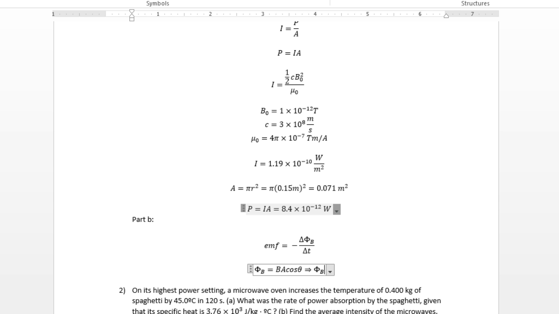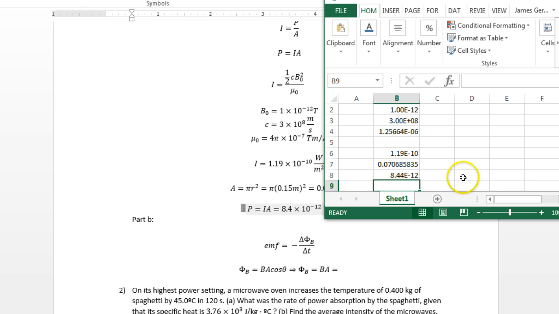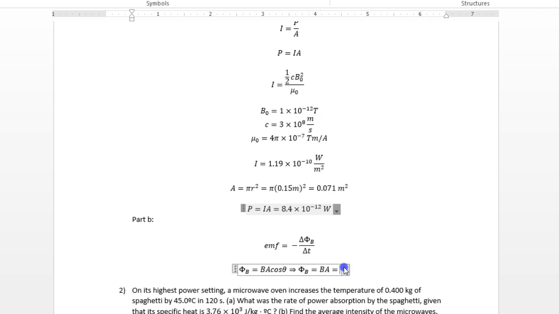The angle between the perpendicular of the surface and the B field is 0. So the flux equals the B field times the area. We know the B field, we know the area, so the flux is the B field times the area, 8.44 times 10 to the minus 12th.